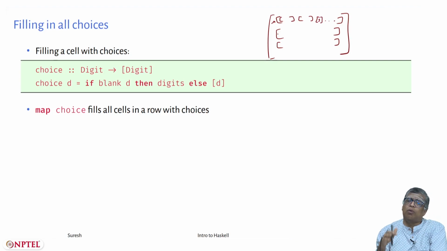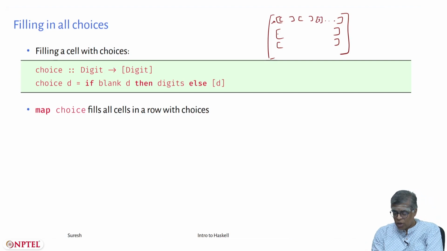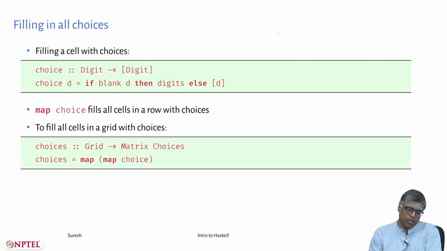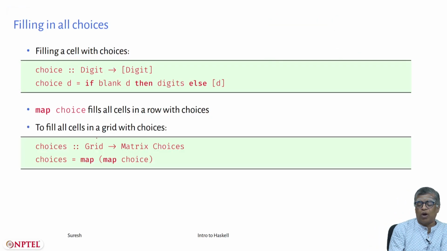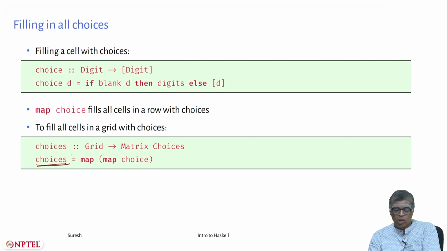So what should I do? I should do map of map choice. Every row in the matrix gets map choice applied on it, and that map choice will fill every cell in that row with all possible choices. So to fill all cells in a grid with choices, you do map of choice, and that is my function called choices.